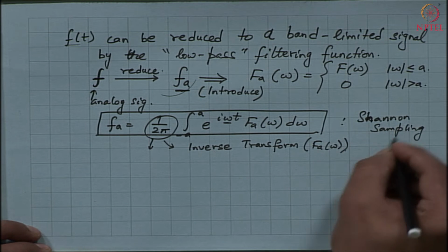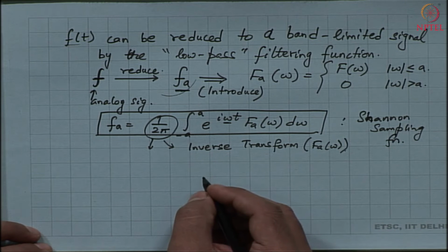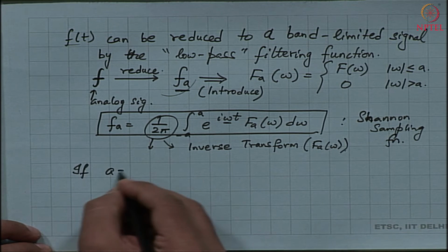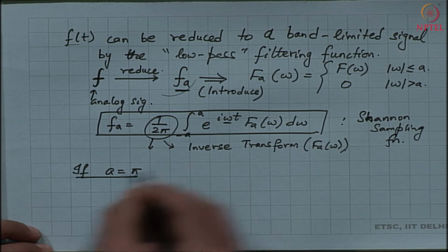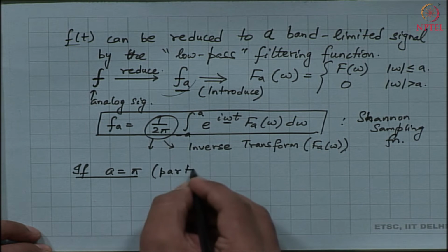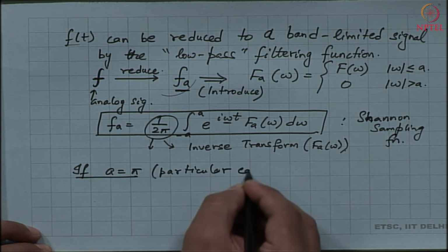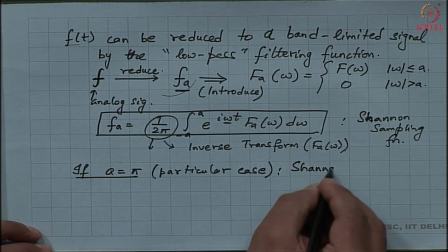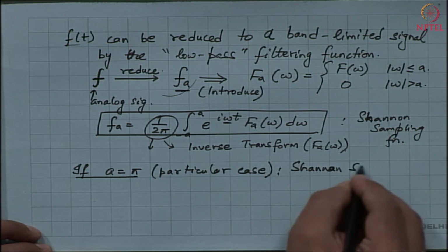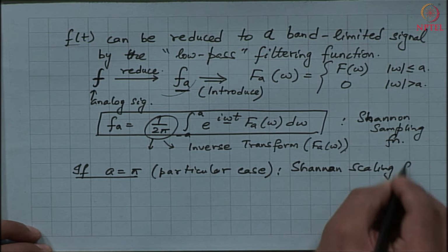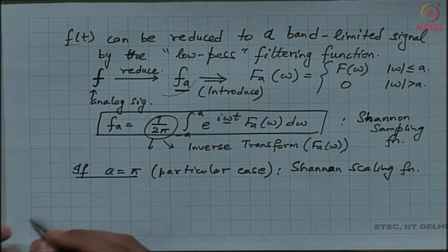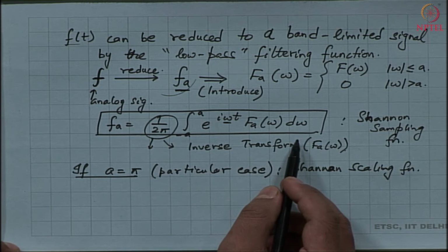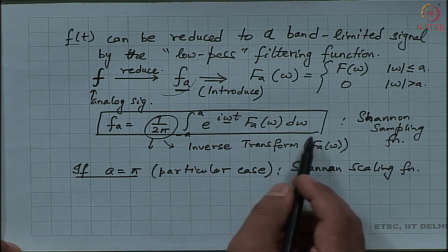If I have that my a is pi in that particular case, then I have the Shannon scaling function. So, f is my Shannon sampling function. I am going to use this result to show what is my Shannon theorem.